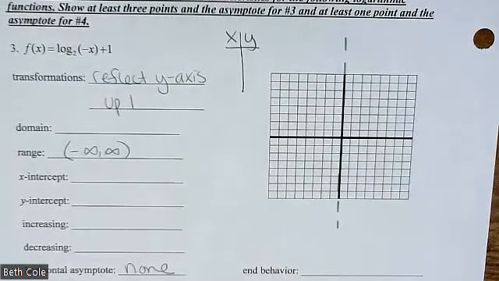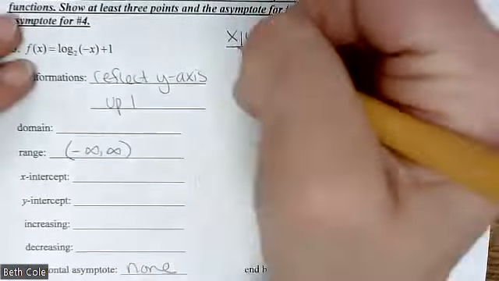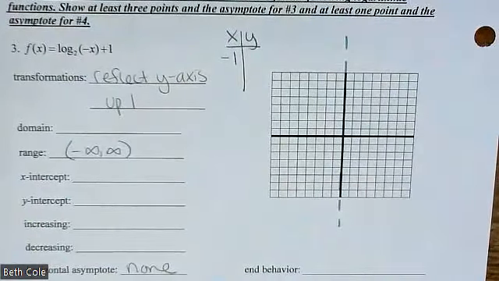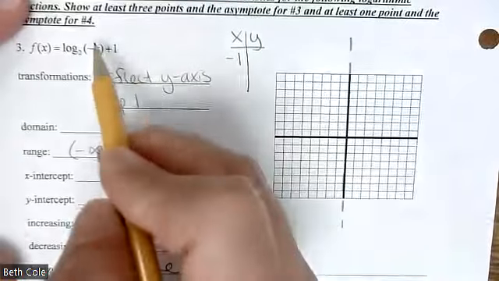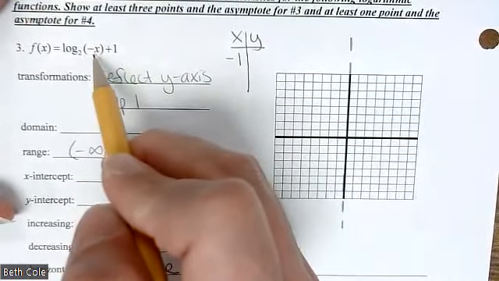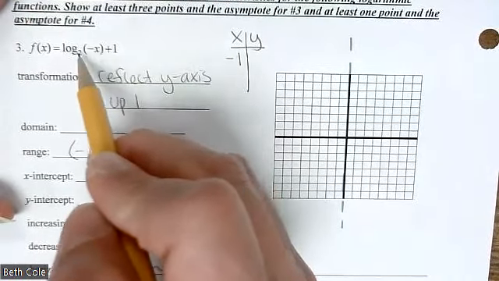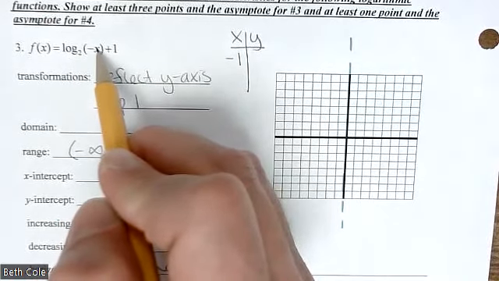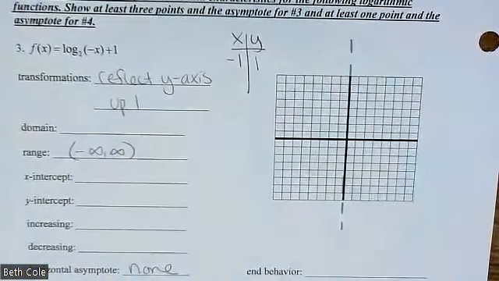How come? Because of the reflection. All right, so let's do -1. We'll start with that. If you plug in -1, negative of -1 is 1. 2 to what power gives you 1? 0 plus 1 is 1.